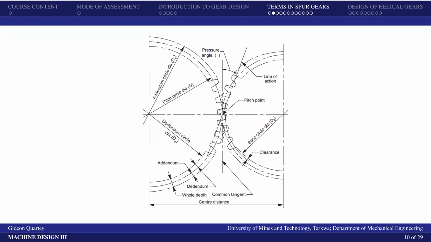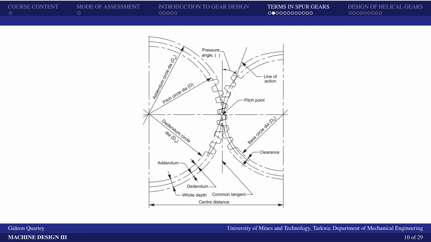Usually there is some small allowance that is given, so that the fit between this gear and that gear will not be like a forced fit. It is to allow some free movement, or free rotation, of one tooth over the other.